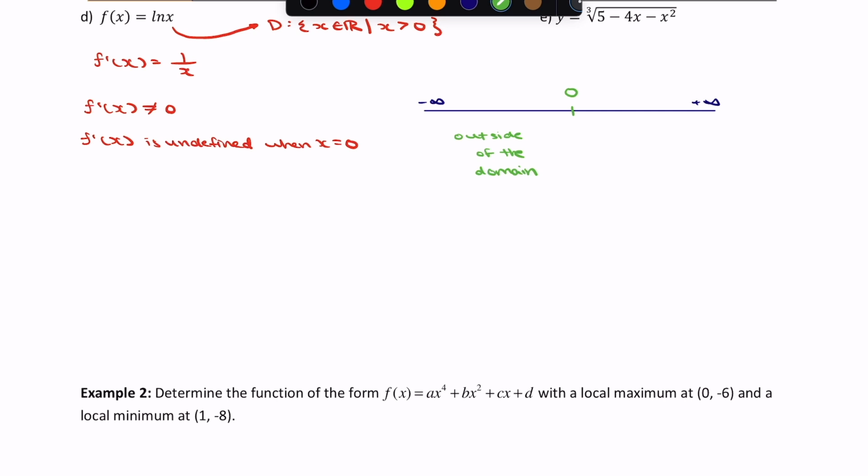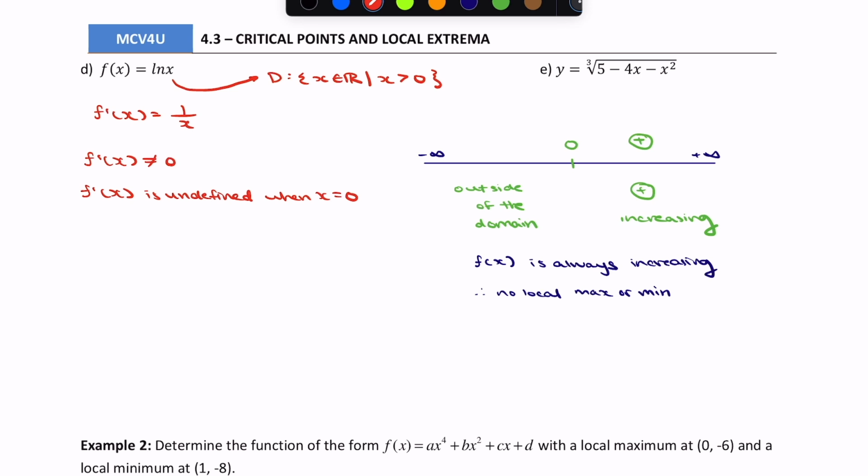We see here that from 0 to positive infinity, we sub in any value, we see that it's going to be positive. This means that it is increasing. So what can we understand from this? What we can understand from this is that f of x is always increasing. However, there is no local max or minimums.